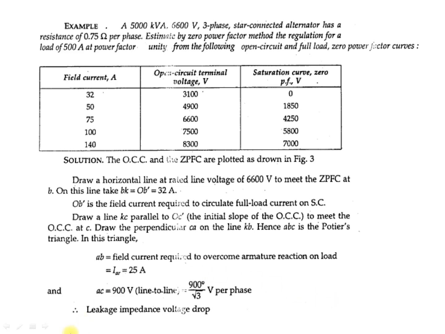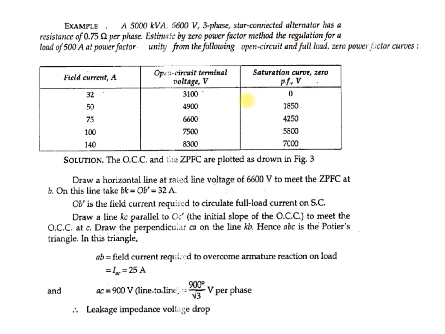It has been given the open circuit terminal voltage, that is the open circuit characteristics readings like field current and the open circuit terminal voltage, and also the saturation curve of zero power factor which is found out by connecting the pure reactive load, that is purely inductive load, across the terminals of the alternator.